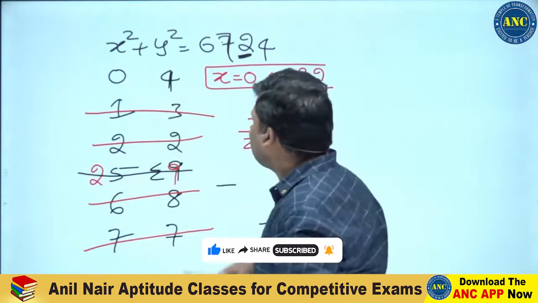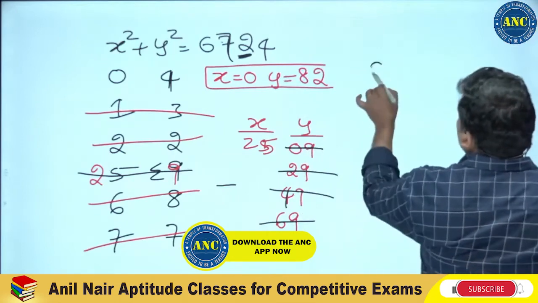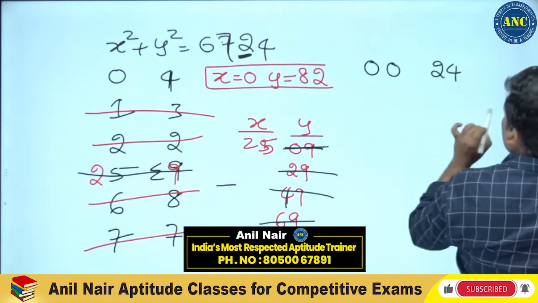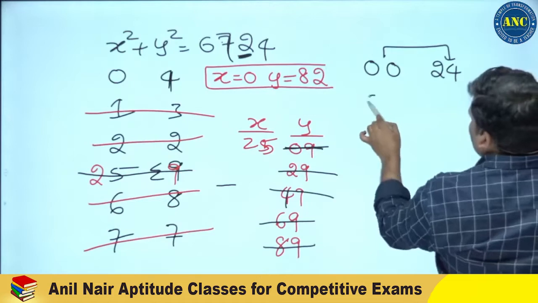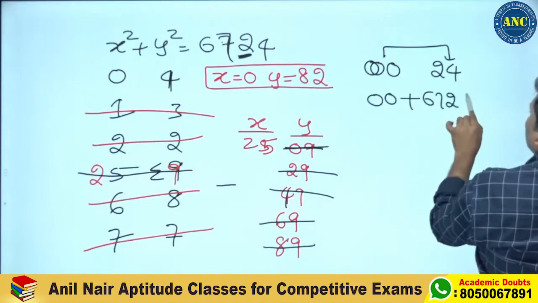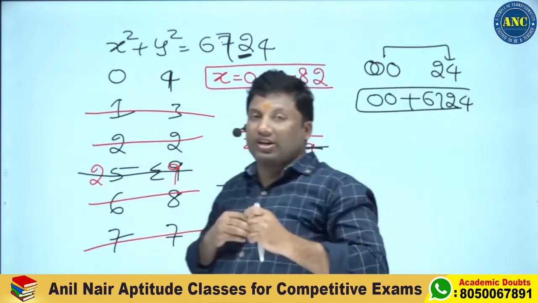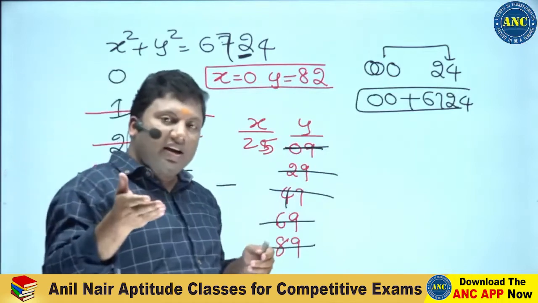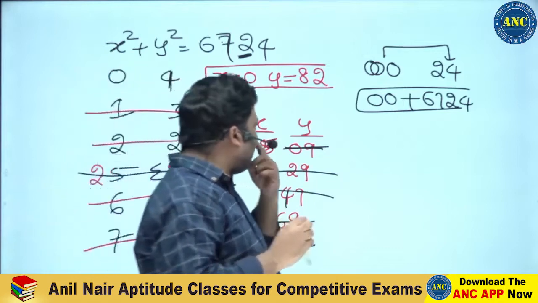We took the case 00 and 24. So 0, 0 plus 6724, 82 square. How did we get 82 square? 18 square is 324. 50 plus 18 is 68 square, and 100 minus 18 is 82. This is one case.